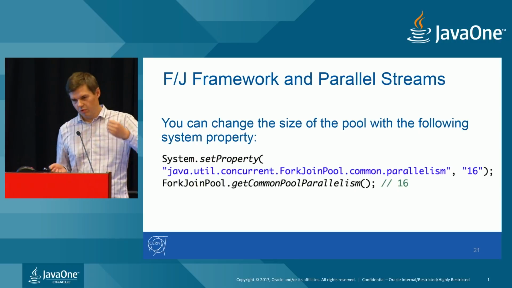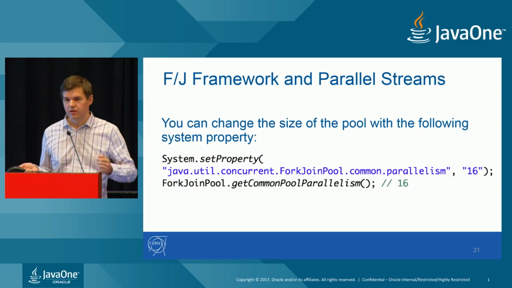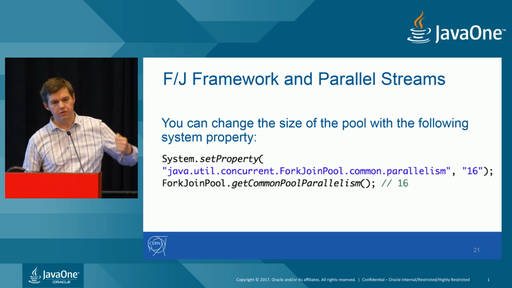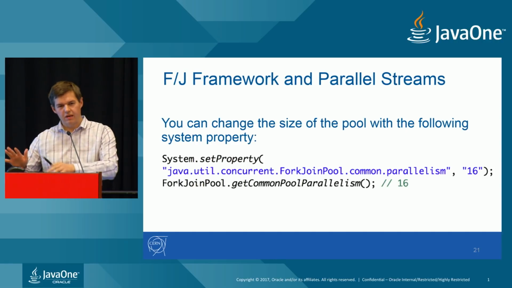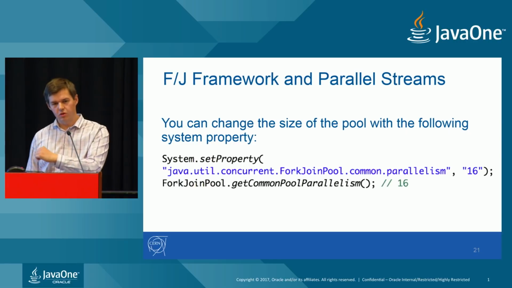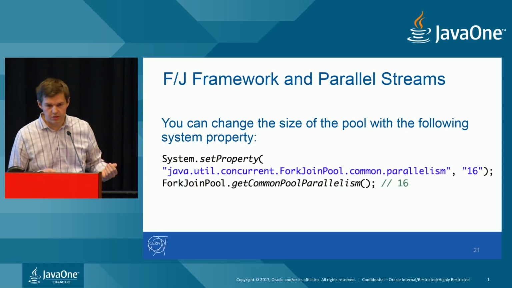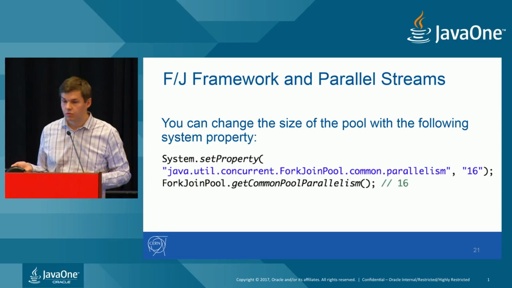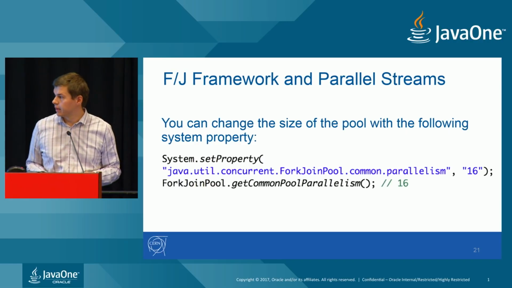Also, as the common pool is a kind of singleton, you must always set it before you invoke your first parallel stream. You cannot fine-tune it, like executing this parallel stream with 2 cores, then changing the parameter to 8 and executing it with 8 cores. It doesn't work this way. Once you invoke your very first parallel stream, this won't be considered anymore. So probably you should pass it on the command line.